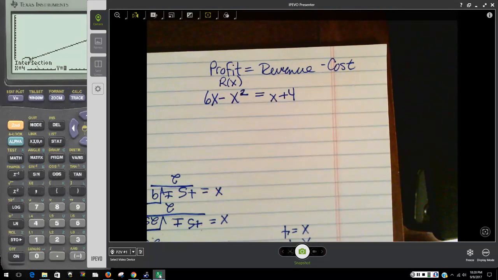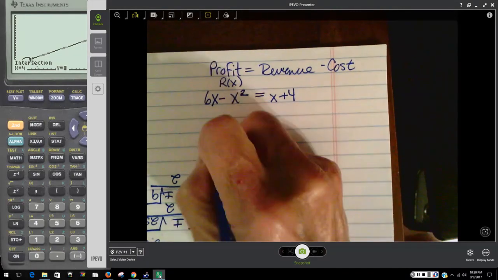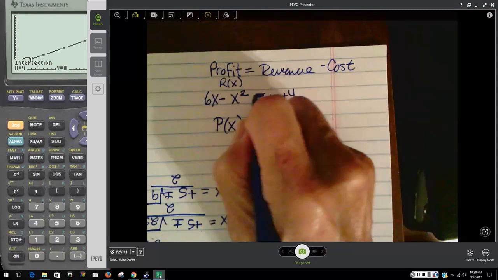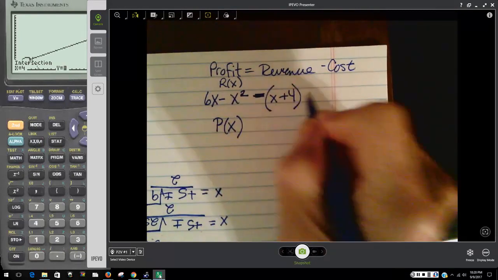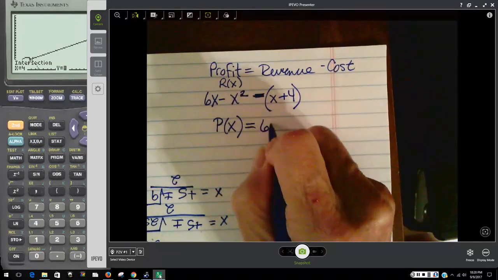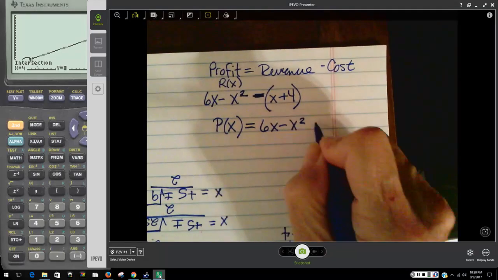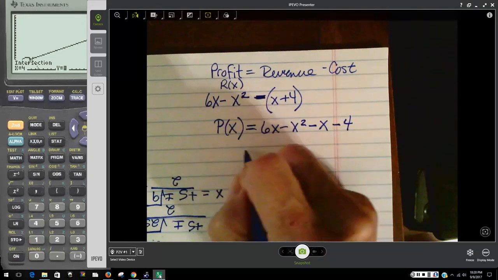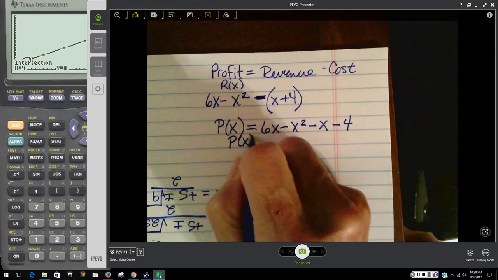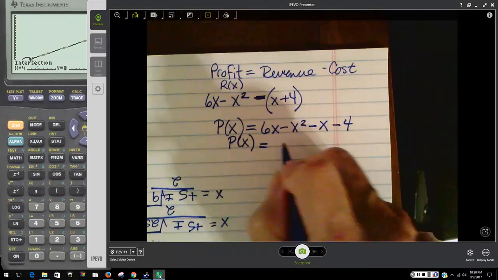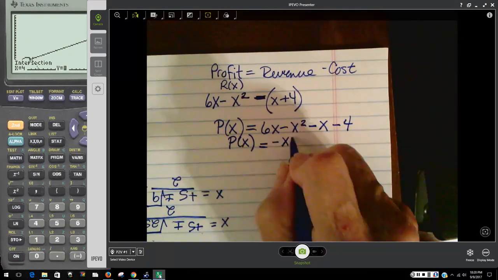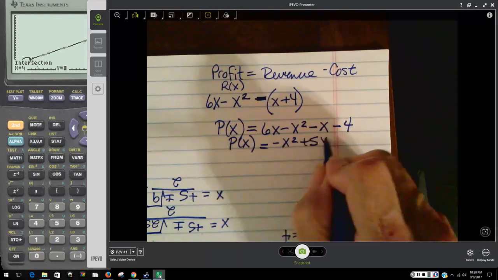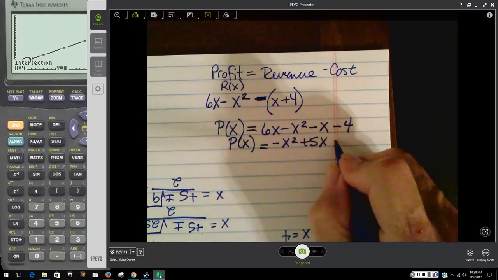Our profit function then is 6x minus x squared minus x minus 4, which makes our profit equation negative x squared plus 5x minus 4.